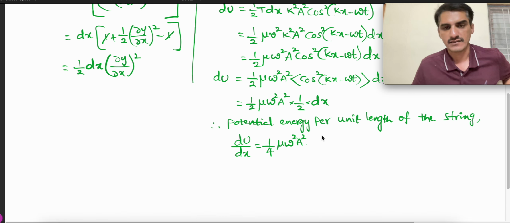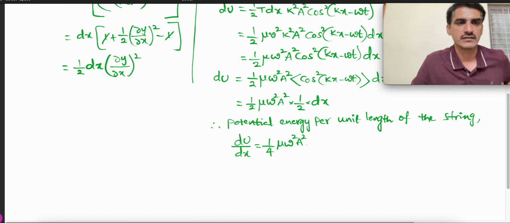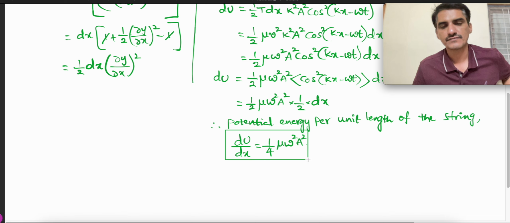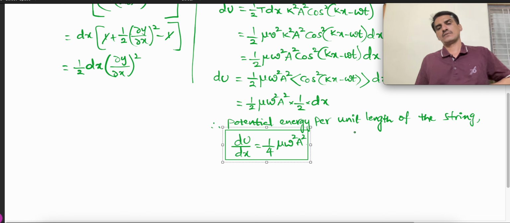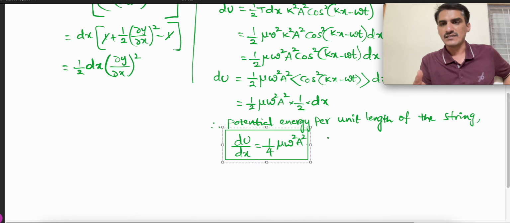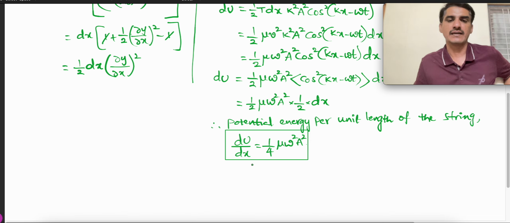That's it. This is the potential energy per unit length, du by dx. Per unit length means it is energy density only, energy per unit length.